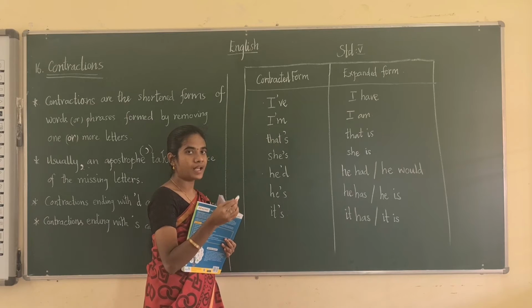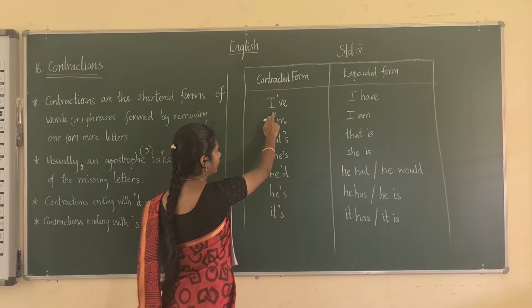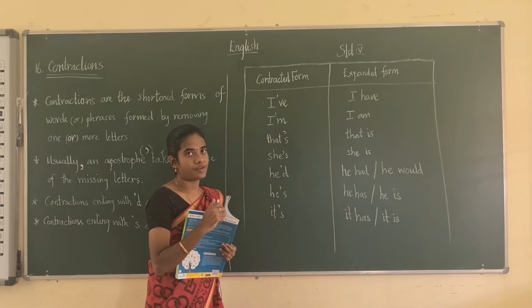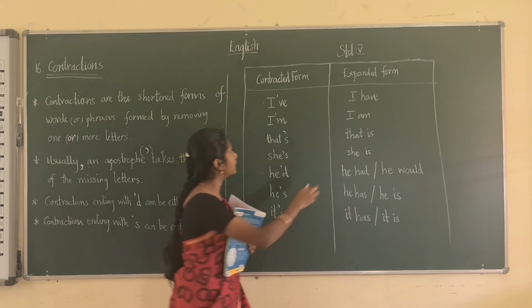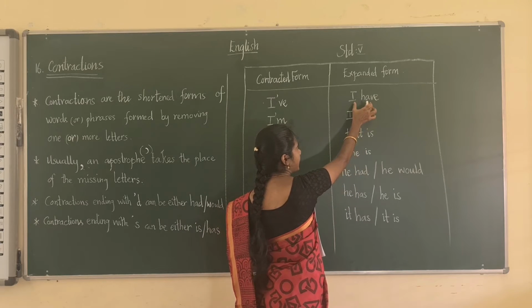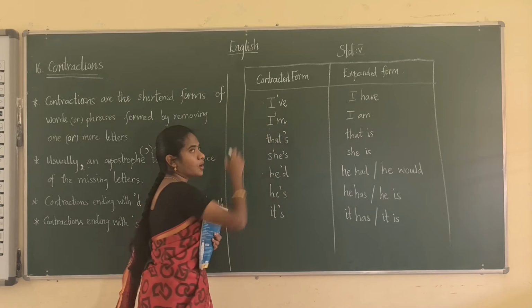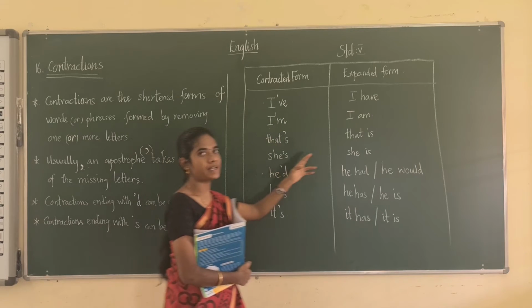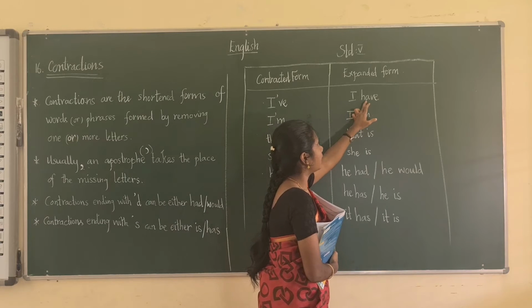Let me explain with an example. I've is a contraction form. How can we expand it? I have is the expanded form of I've. Students, are you clear with this? Now see the spelling of have, H-A-V-E.